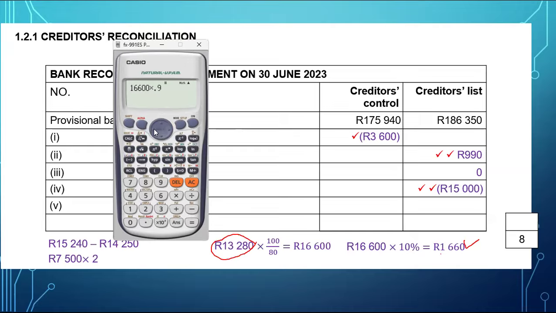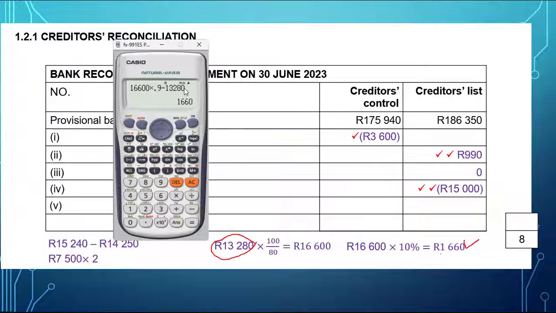Instead of 14,940. So now I'm going to take that and subtract the 13,280. It'll give me 1,660.